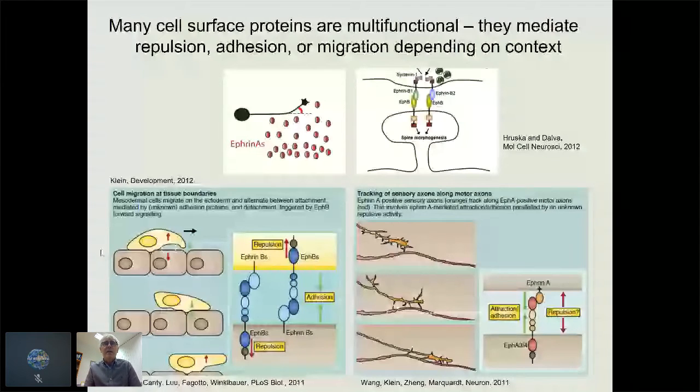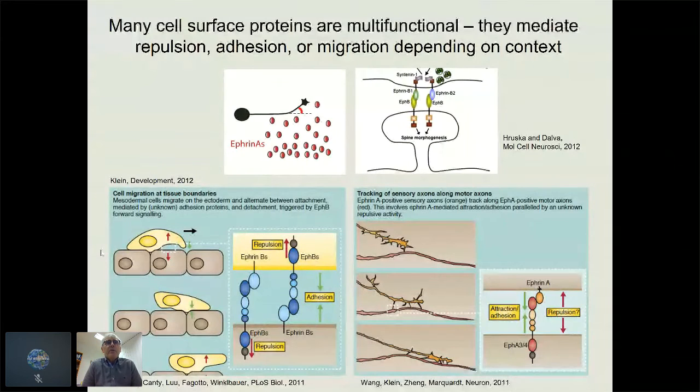The example on the left side is from Rüdiger Winklbauer's lab, who studied cell migration in the gastrulating frog embryo, where mesodermal cells migrate on ectodermal cells. And this migration is facilitated by alternation between attachment and detachment. And Ephs and ephrins in this system provide the repulsive force, as you can see in that inset box.